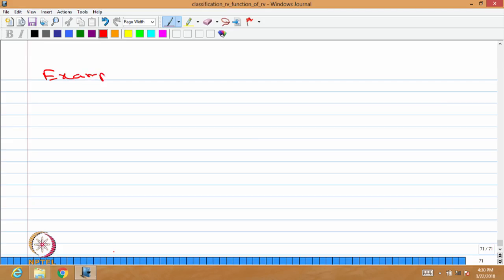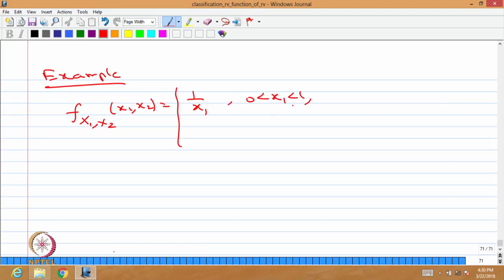That is, the example is the same: a two-dimensional random variable with the joint probability density function 1 divided by x1 when x1 takes a value 0 to 1 and x2 takes a value 0 to x1, 0 otherwise.